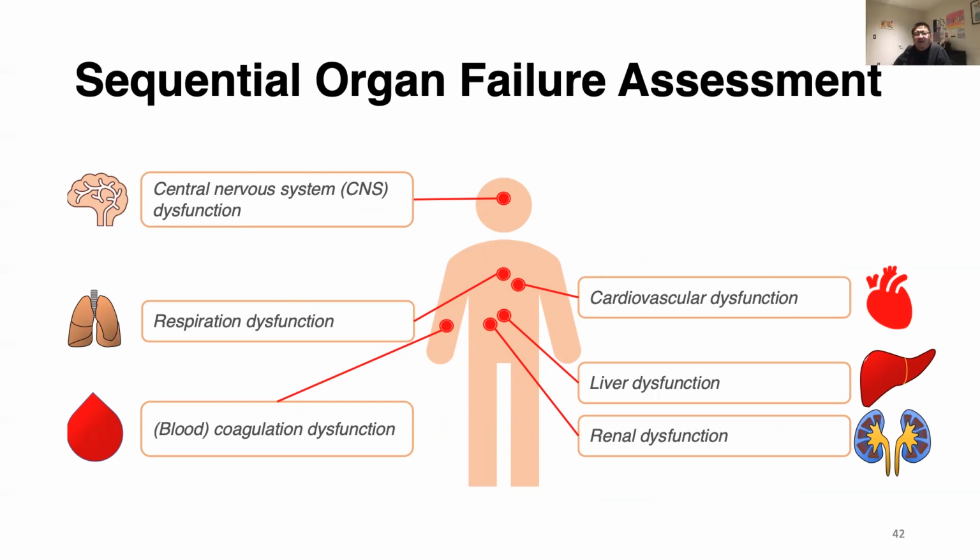It includes 6 subscores characterizing the status of 6 organ systems, including the central nervous system, the respiration, the coagulation, the cardiovascular, the liver, and the renal. Every subscore has a scale between 0 to 4, and the total score is just adding all of them together, so it's between 0 to 24.